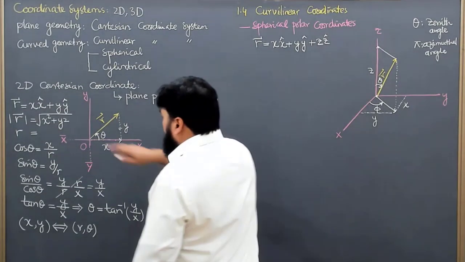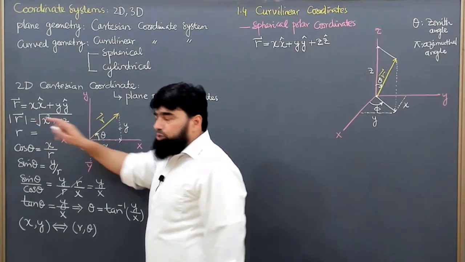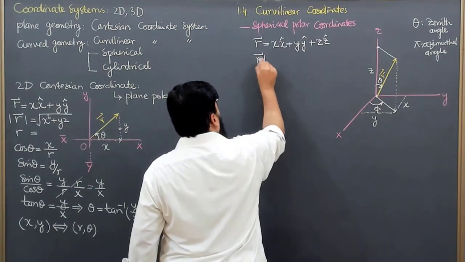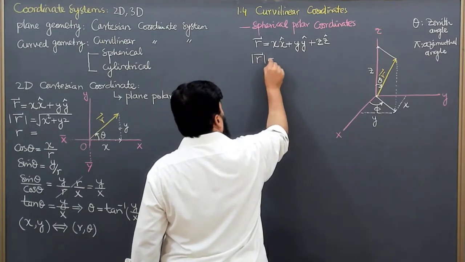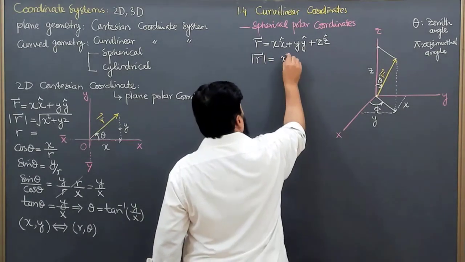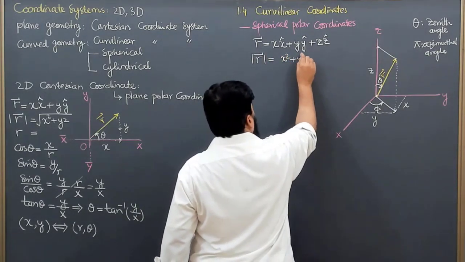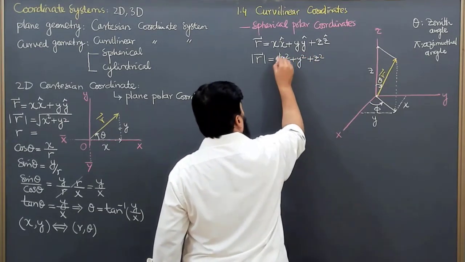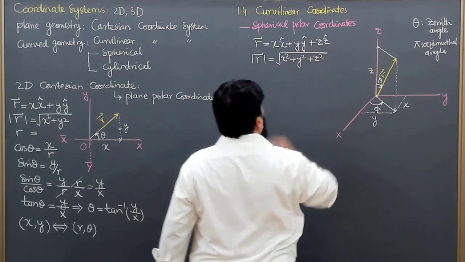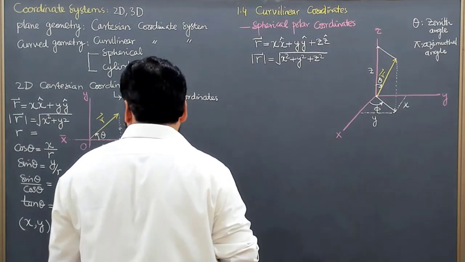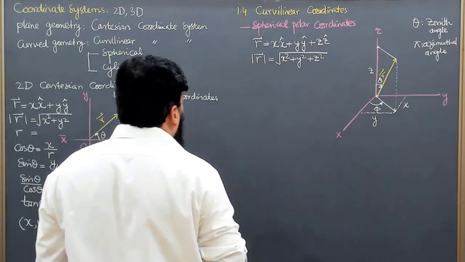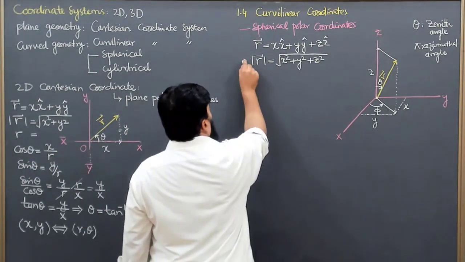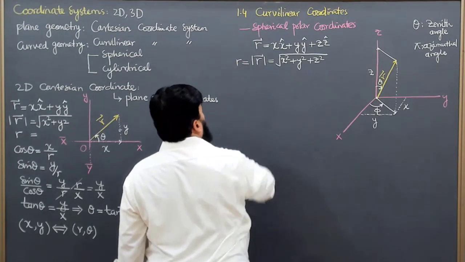Similarly, the magnitude of r will be the same thing, but only one component will be added. Earlier in two dimensions it was x squared plus y squared, and now z squared will be added, so it is x squared plus y squared plus z squared. So we have the magnitude of r here.